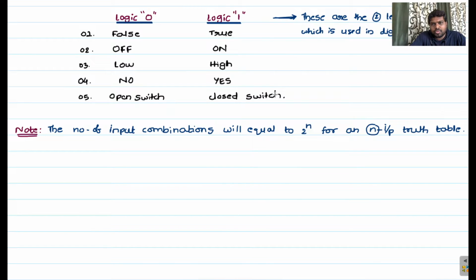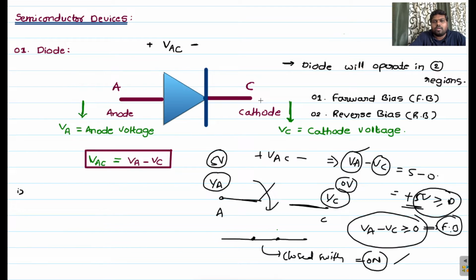Here a closed switch is nothing but the on position, and an open switch is nothing but the off position. This on or closed switch should be considered as logic 1. So VA minus VC greater than or equal to 0 means the diode is in forward bias condition, acting as a closed switch, which is in on state.